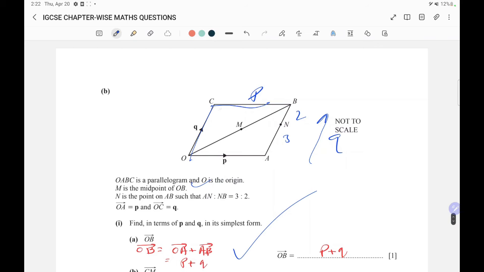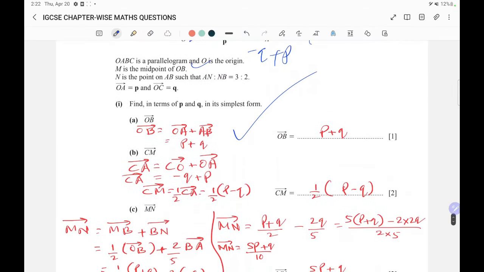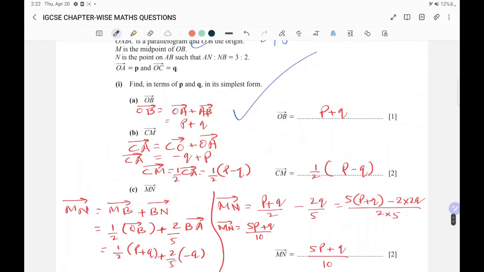Where is C? Here. Can we find CA? CA is minus Q plus P, and M is the midpoint, so CM will be half of minus Q plus P.